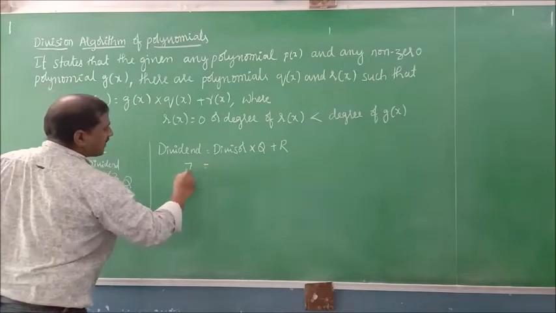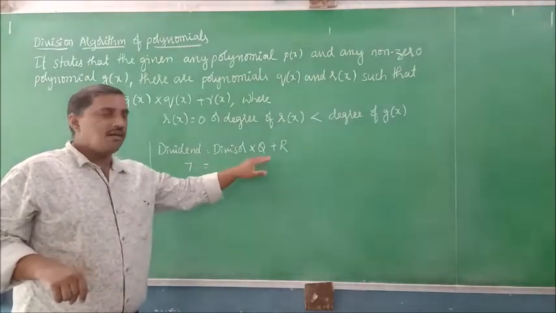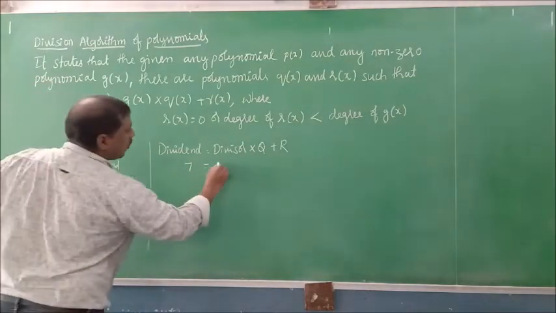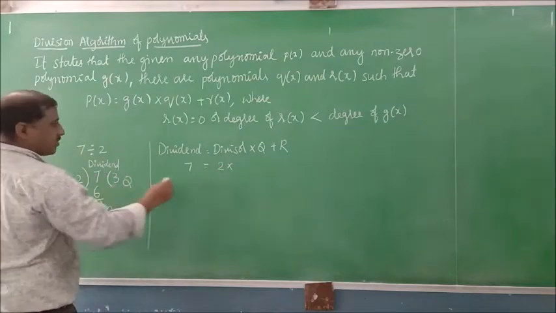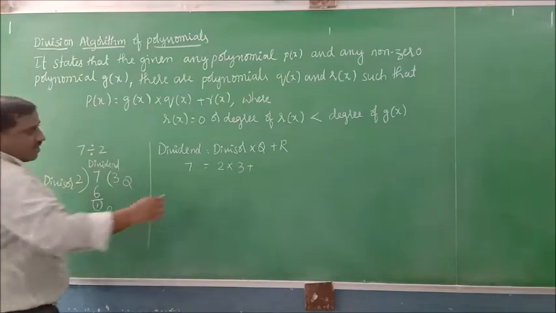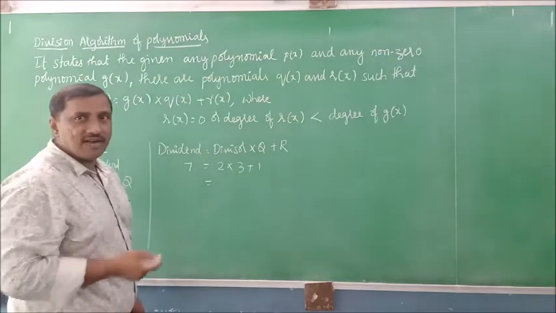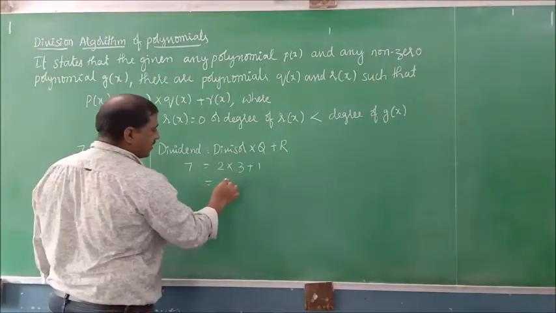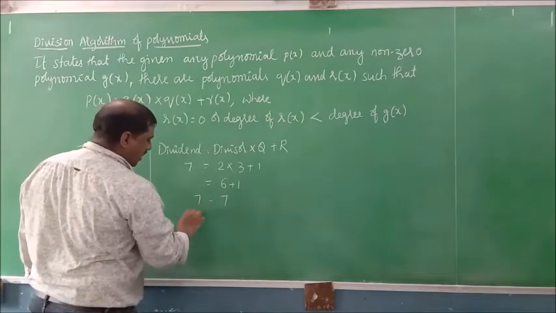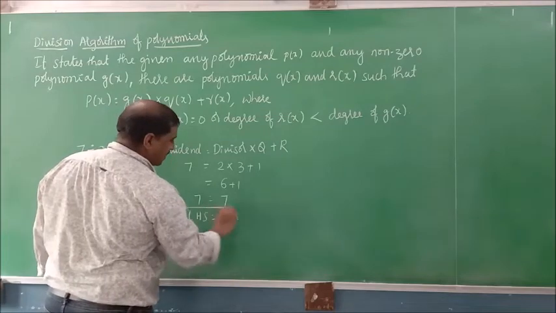We are going to check whether 7 is equal to the product of divisor and quotient plus remainder. So here divisor is 2, into quotient 3, plus remainder, which is 1. As per the BODMAS rule, first we multiply the numbers, then we add. 2 into 3 is 6, 6 plus 1 is equal to 7. So now LHS is equal to RHS. Hence it is verified.